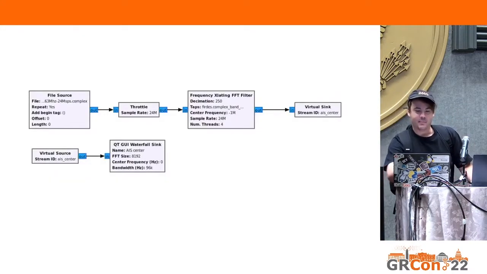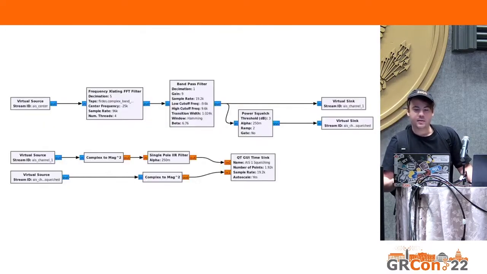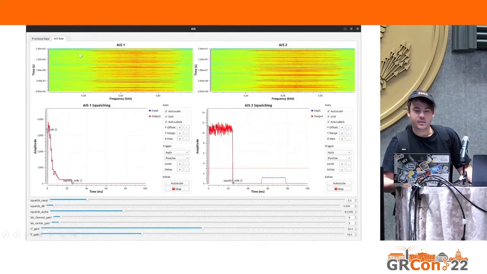I had a pre-recording, so that's a file source. Then there's a frequency translate because of the DC spike thing, so I offset and bring it back down. On the left you can see AIS1 and AIS2, and on the bottom left and bottom right, the outputs.